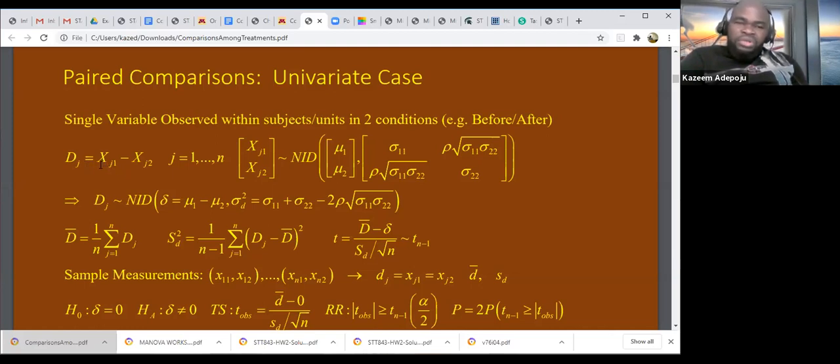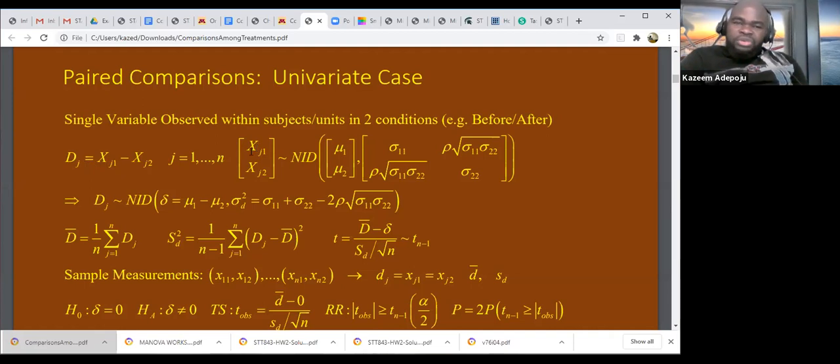But you know what? In a situation like this, I got it this way because I have two sets of variables this time around. One variable is going to represent before, and the other is going to represent after.